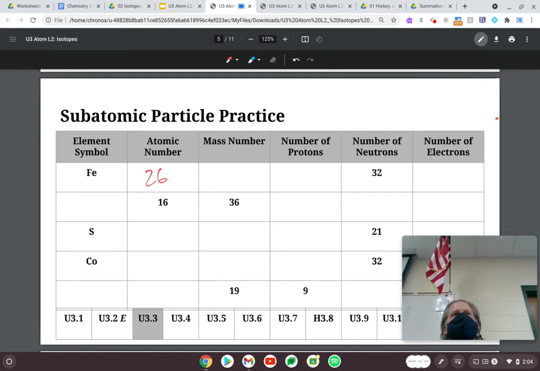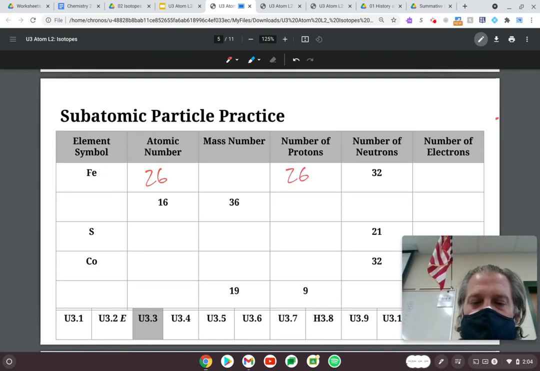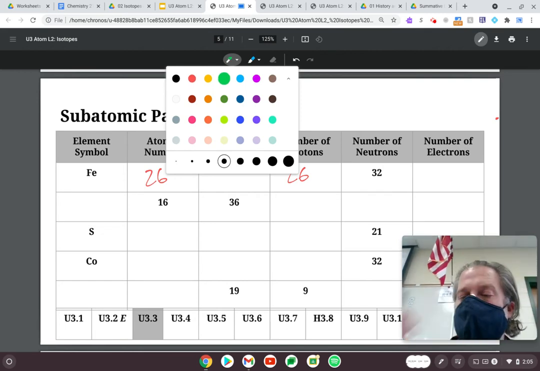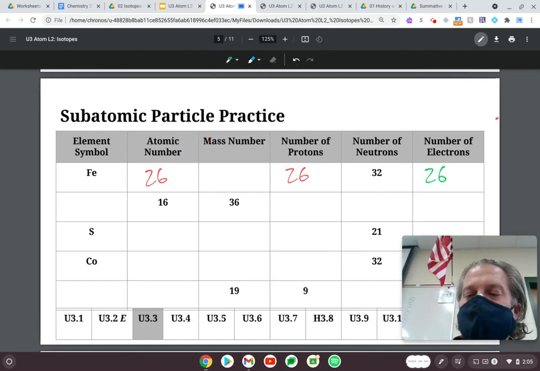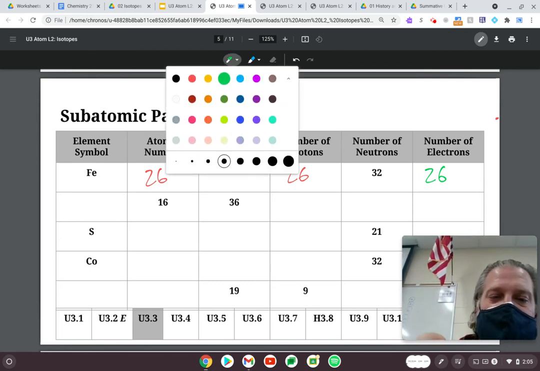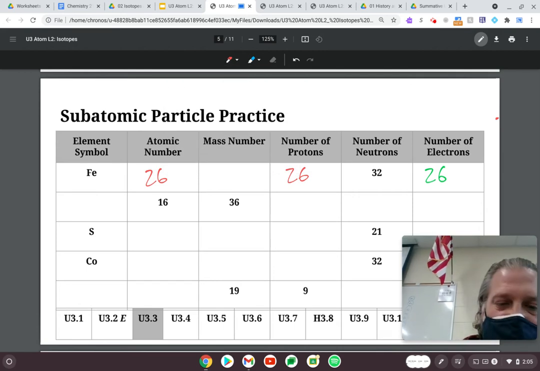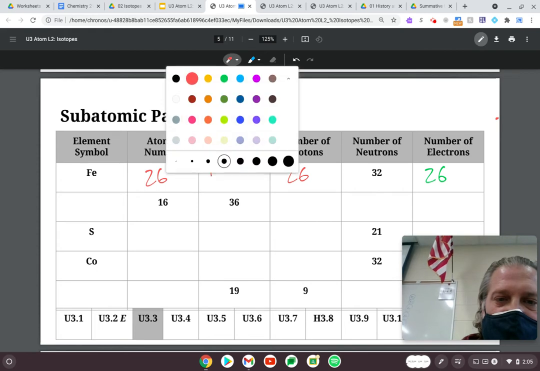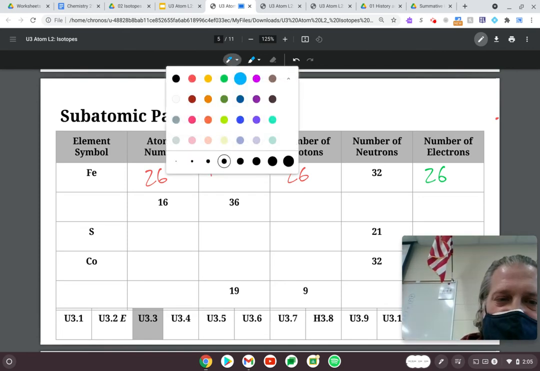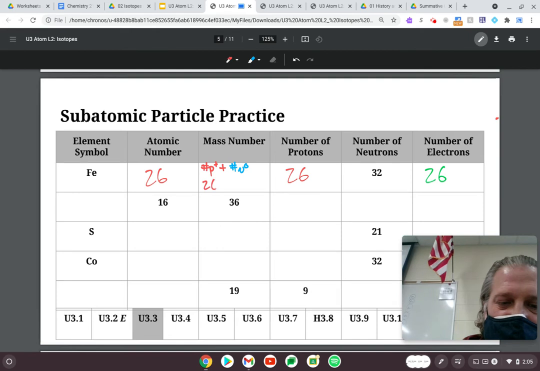Now, we just said that the atomic number is equal to the number of protons. And we also said that if the number of protons and electrons are equal, we have a neutral atom. And now we need to determine our mass number. Our mass number is determined by taking the number of protons plus the number of neutrons. So in this instance, we know the number of protons to be 26.